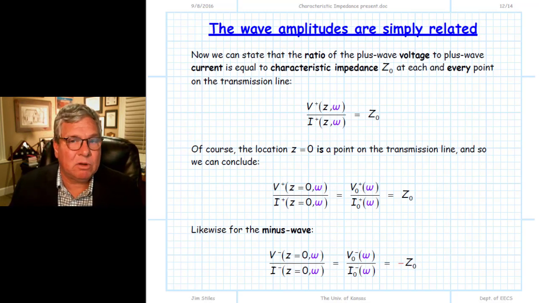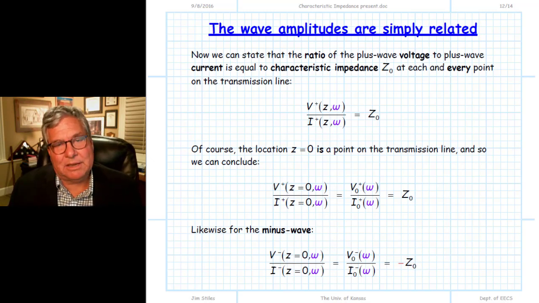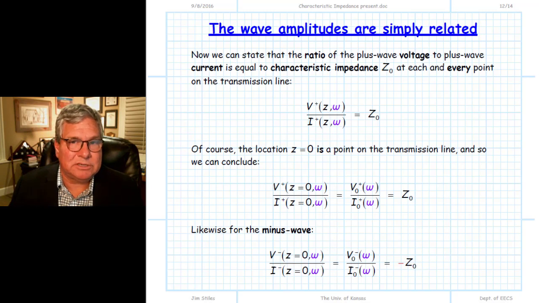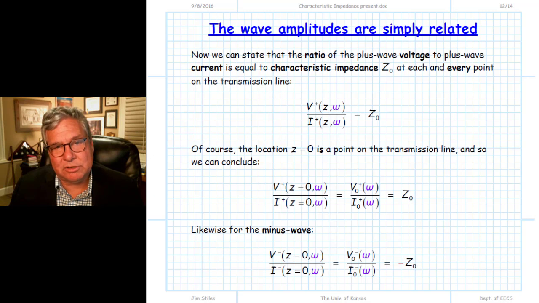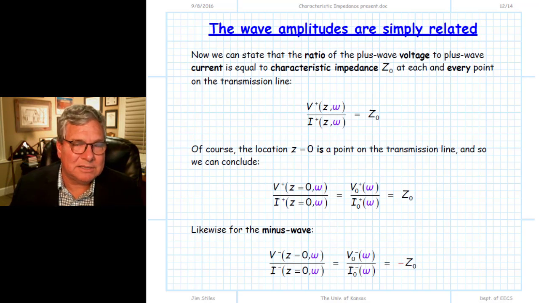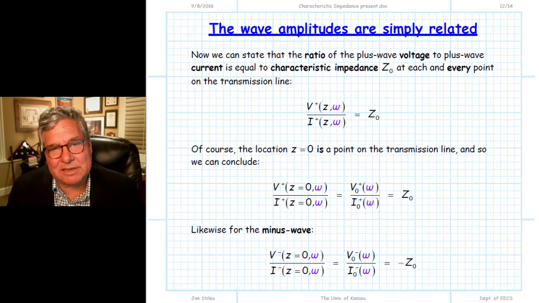And so even though we'll find later that the transimpedance parameters of a length of lossless transmission line will depend on the characteristic impedance Z0, they will not be equal to Z0. Again, Z0 is just a characteristic of the transmission line. It shows up in all of our math and all of our analysis when we do transmission line mathematics, but it's not something that we can point to directly and say, oh, it's this impedance here or that impedance there. It is a characteristic of the transmission line.